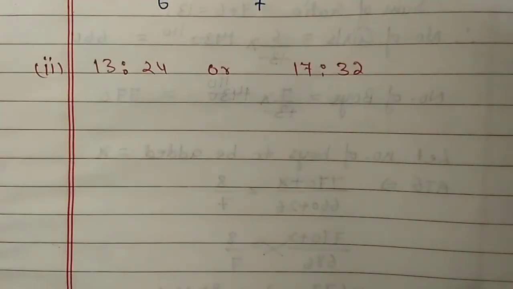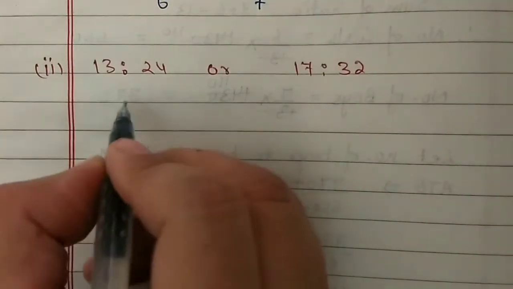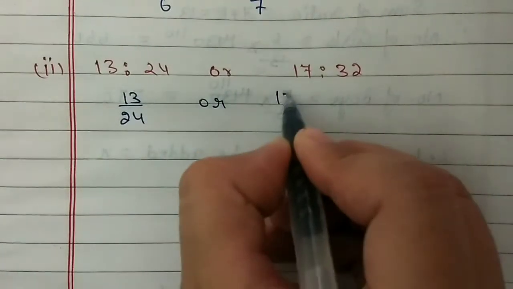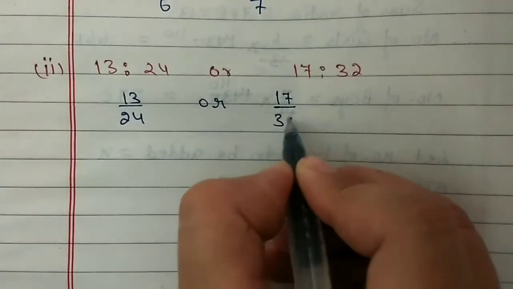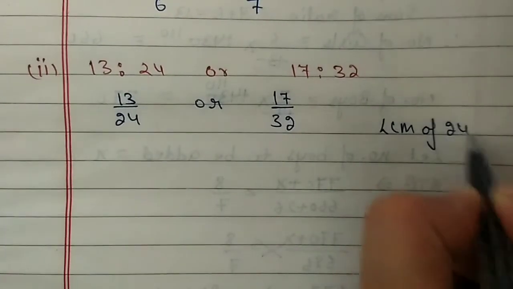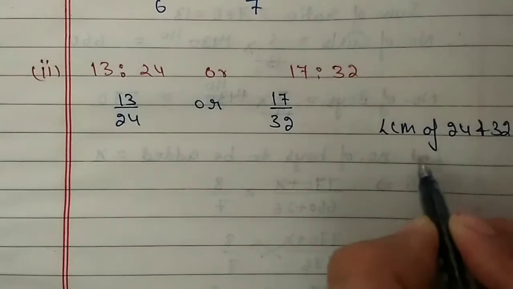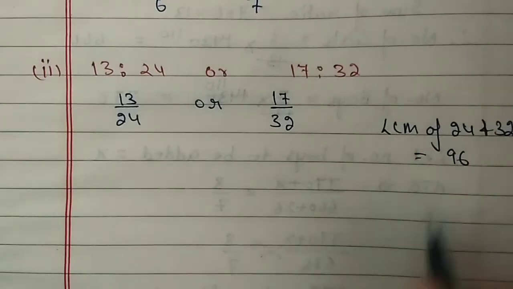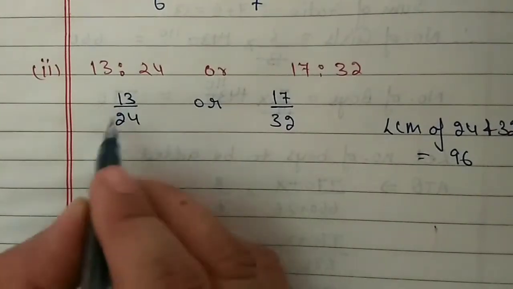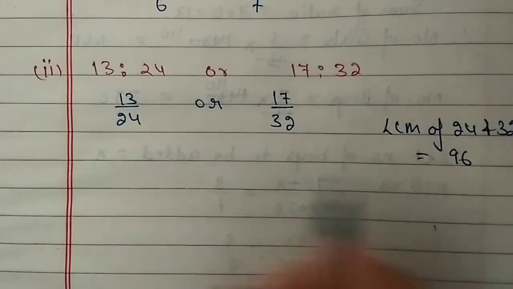Second part 13:24 or 17:32. So first we have to find out the LCM for 24 and 32. If you know it directly, write it directly. Otherwise do the calculation. Show your calculation on the right side of your question. So now the LCM is 96.